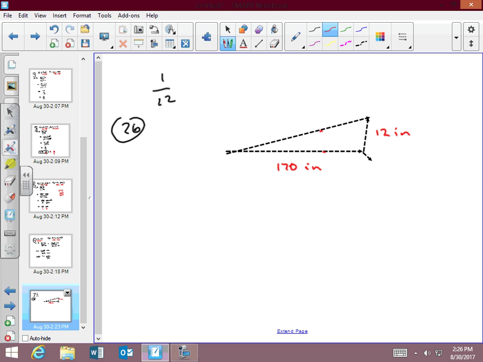So now, how are you going to figure out whether you're in compliance? Okay, so you're going to say the slope of my ramp is 12 over 170. Now what are you going to do?